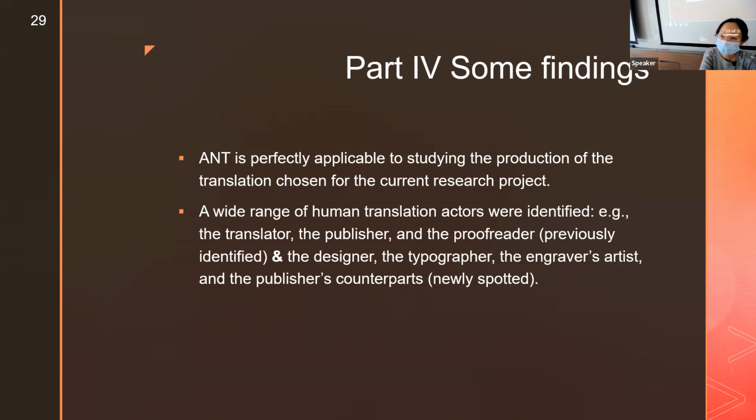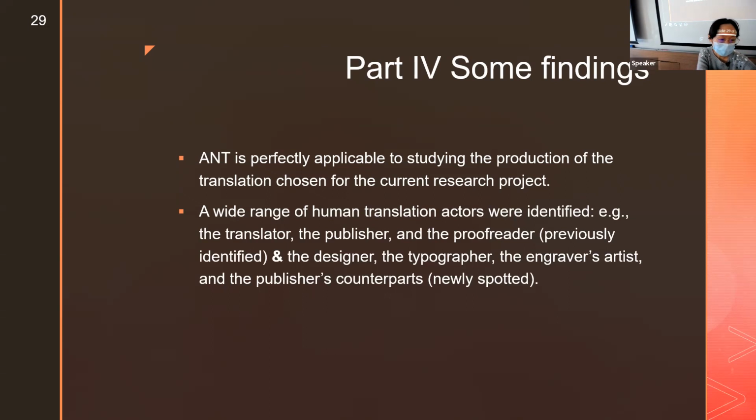And the second is a wide range of human translation actors were identified, some of which have already been identified in previous studies of the same kind, such as the translator, the publisher, and proofreader, whereas some might have not been identified and might have been easily overlooked or excluded in translation studies.